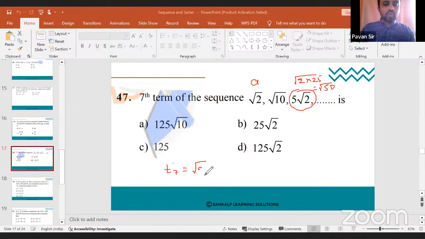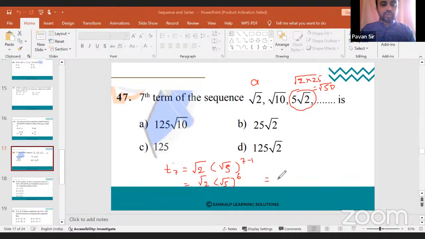It is root 2 into root 5 with common ratio, 7 minus 1. T n is A r raised to n minus 1, and n is 7. So try to solve now: root 2 into root 5 raised to 6, since 7 minus 1 is 6.